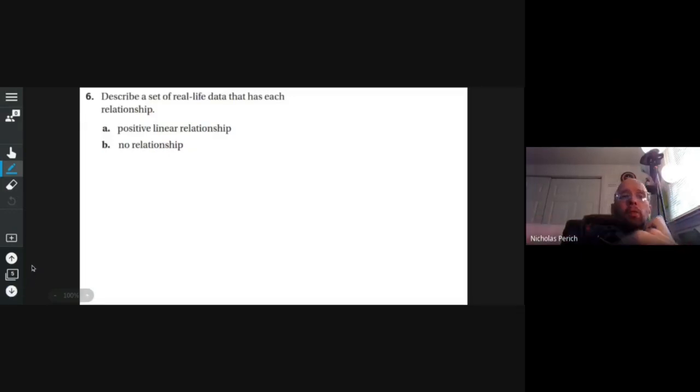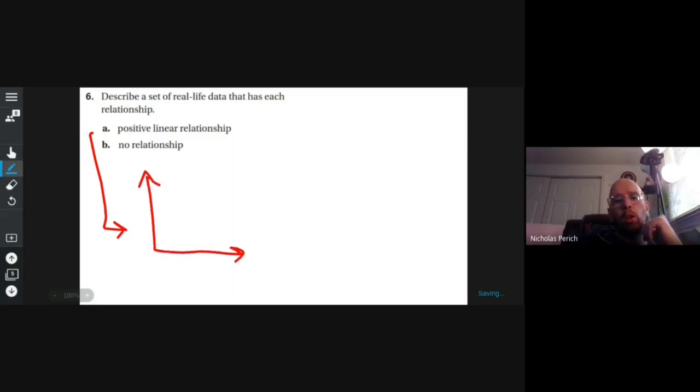Describe a set of real-life data that has each. A positive linear relationship. Okay. So if it's a positive linear relationship, the scatter plot is going to look like this. So, I need two things that increase at the same time.